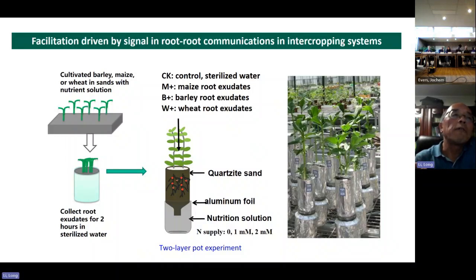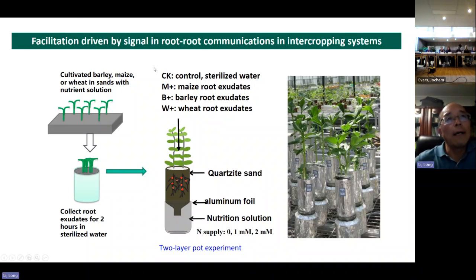But after that, we also found some facilitation driven by signals in root-to-root communications in the intercrop system. We cultivated faba bean, maize, or wheat in pots with a nutrient solution. We collected the root exudates for 2 hours in sterilized water.